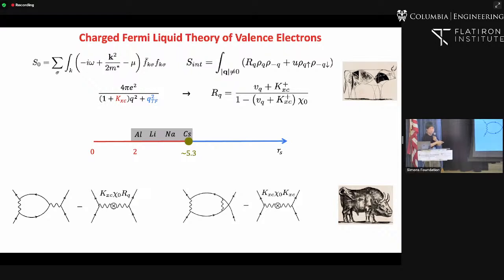You can then go beyond the leading order, like what people are doing right now, by including one-loop and two-loop diagrams. So the different band problems are basically the same as what people are doing with GW approximations.